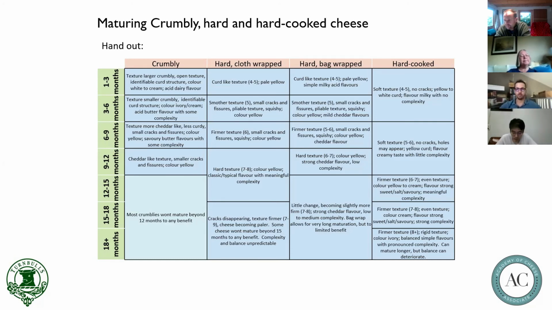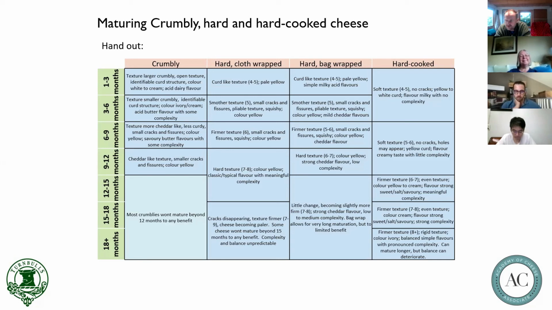The thing about the cloth wrap though is because change is not held back, eventually they decline, whereas a bag wrapped cheese won't actually really decline. It'll sort of stay bag wrapped forever, you know, and flatten off with little change. And you can get some 24, 36 month cheeses. They do tend to get stronger in flavor, but it's a very simplistic kind of strength.